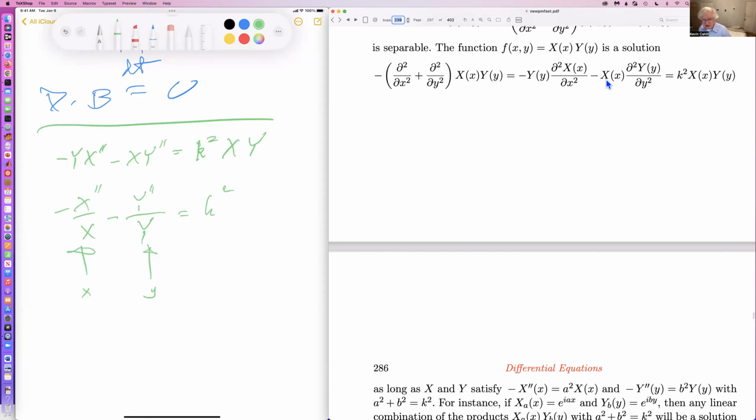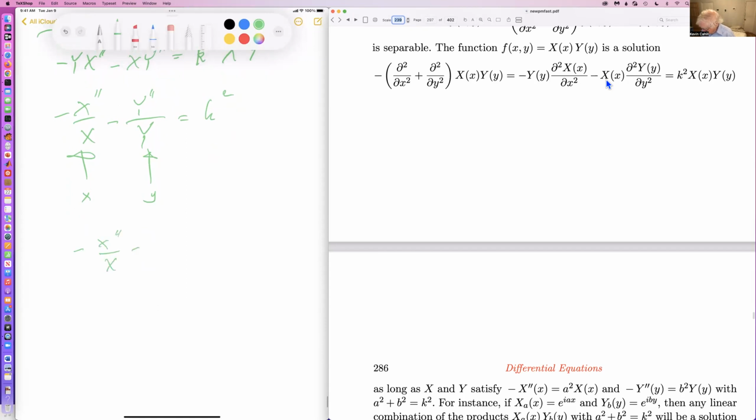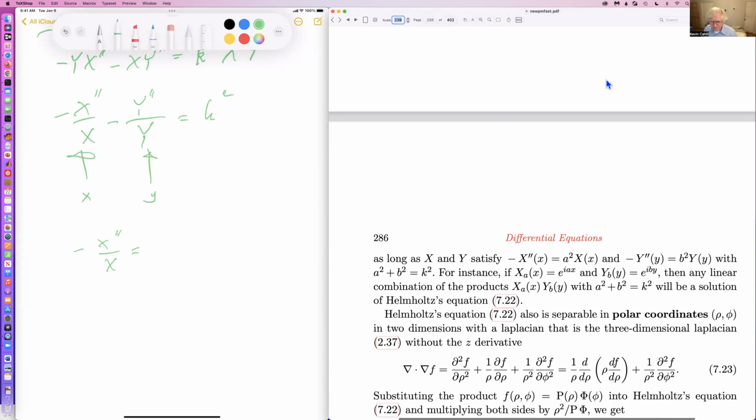The only way this equation can be true is if minus x double prime over x is equal to something, which I called a squared, and this is equal to y double prime over y.